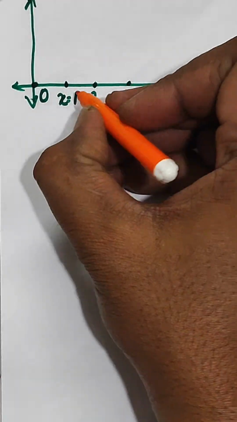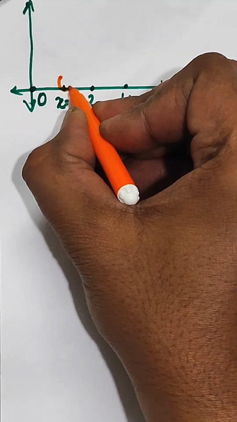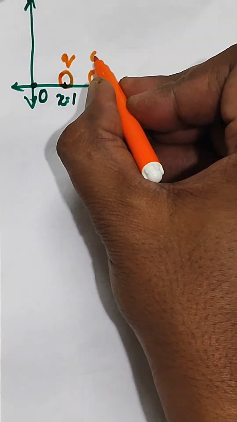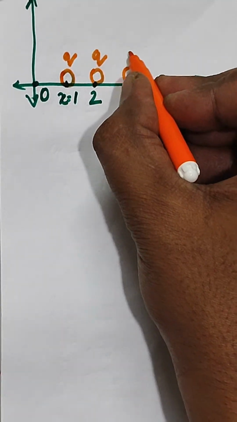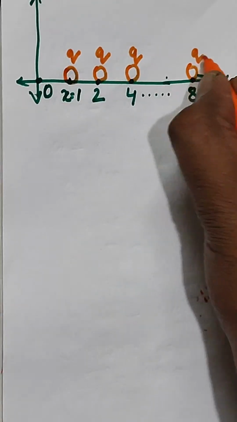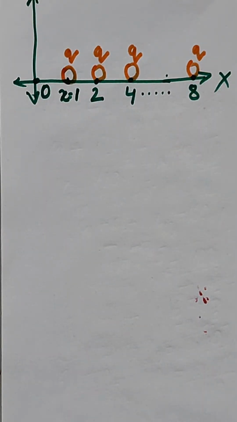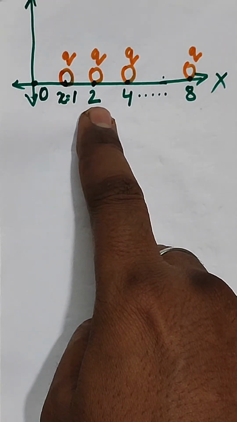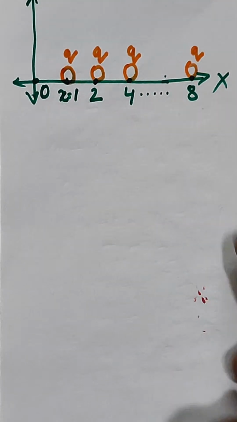So let us say the charges are here, this is q, here this is q, here this is q, and here this is q. All these charges are placed at x equal to 1, x equal to 2, x equal to 4, and x equal to 8.